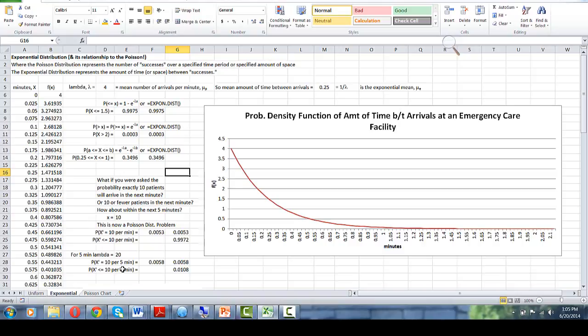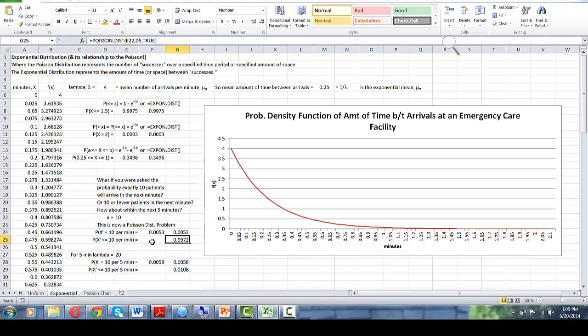And we just use the Poisson formula, so I'm not going to get into it. We did that in a previous video, calculating the probability. You can also use the Poisson statement from Excel. Okay, so now this is on a per minute basis, and then this would be the cumulative.